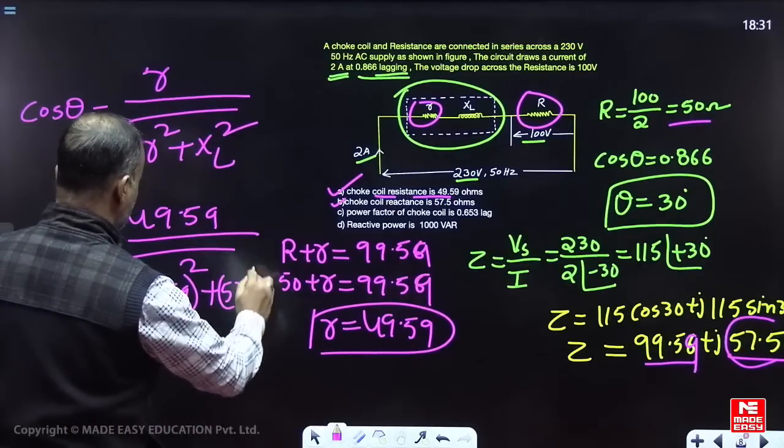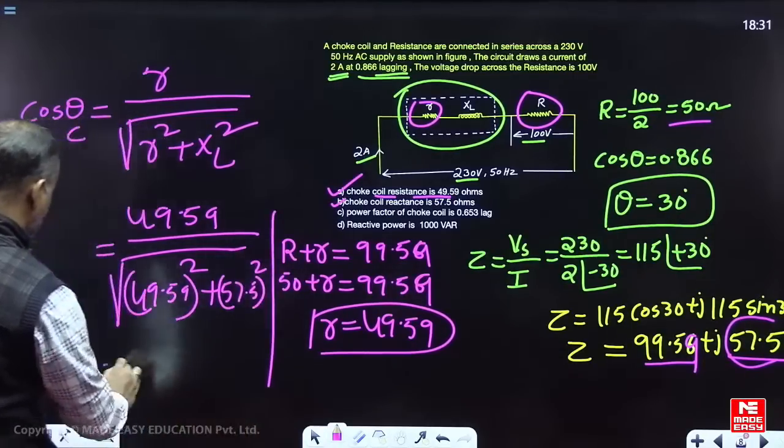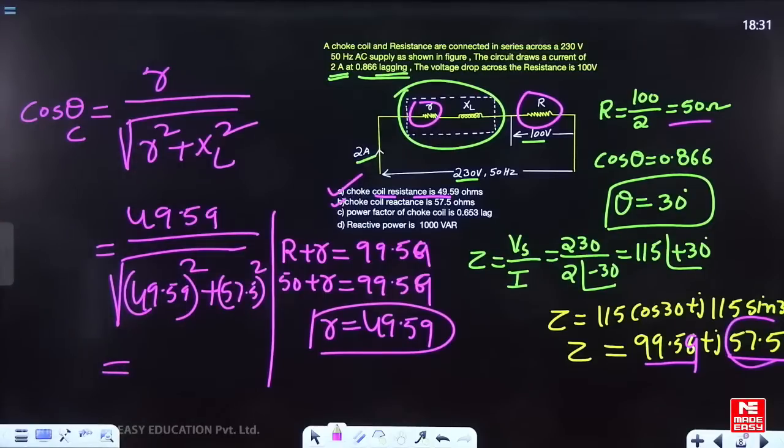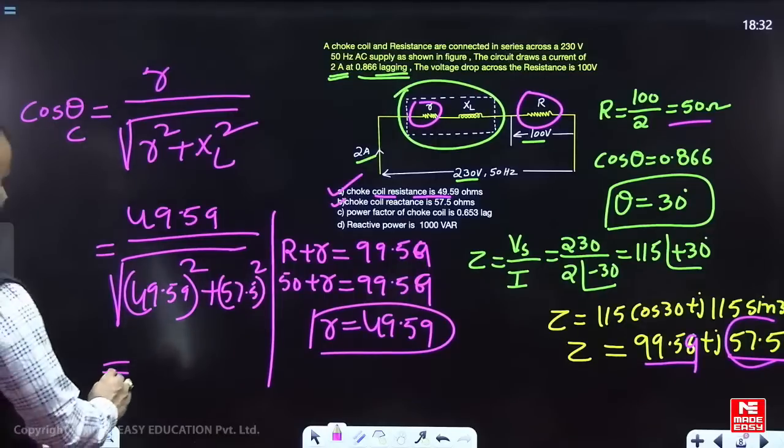Anybody give the answers? Power factor, give the answers. Very good. 0.653.